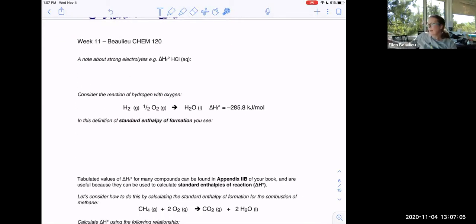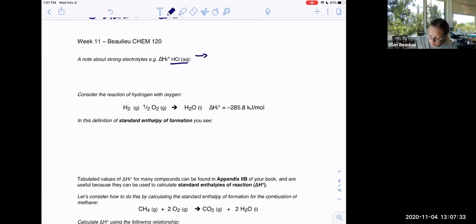Okay. It looks like in the 5th edition of your book, they have corrected this confusing thing about solutions, but I don't know if they've done that for all problems or just the ones that are in your lab. So I want to make sure I call out a note about strong electrolytes. If you have hydrochloric acid aqueous in your reaction, that is a strong acid.